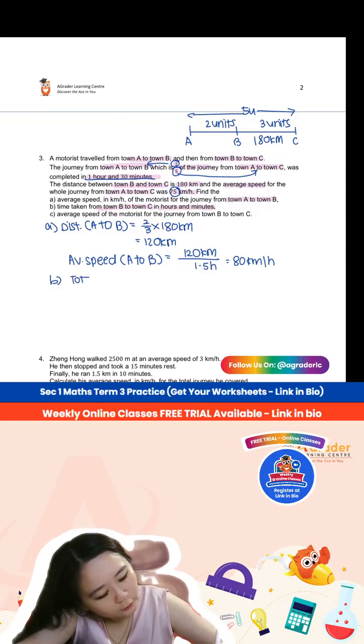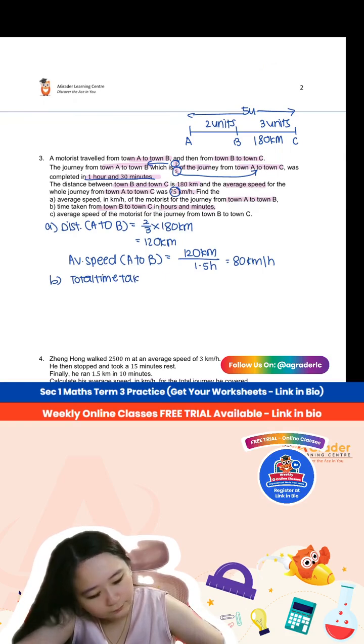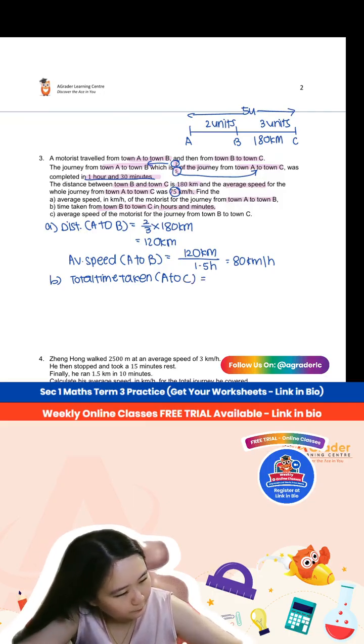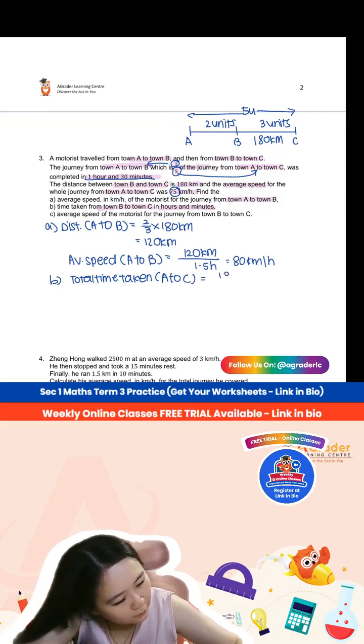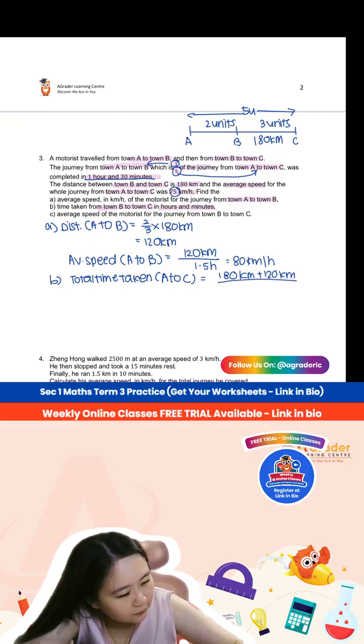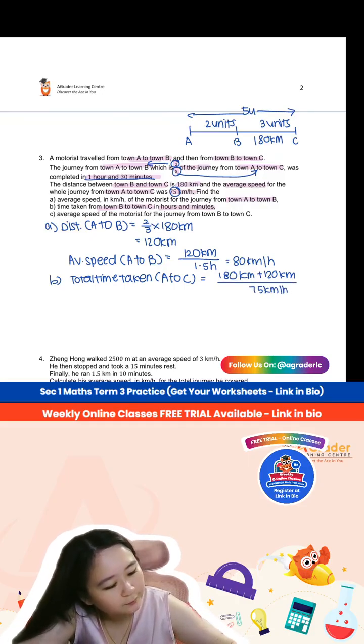We can find total time taken from A to C, using total distance 180 km plus 120 km, then divide by the average speed of 75 km per hour.